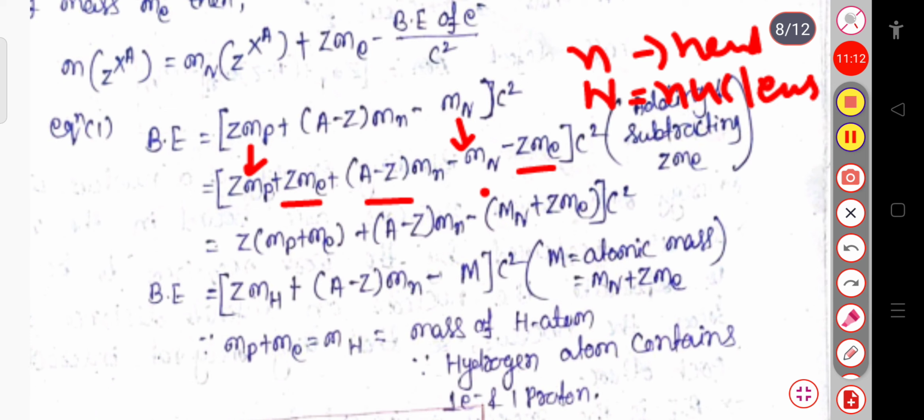Now if I add this MP with the ME and take Z common, this will be Z into MP plus ME, plus A minus Z into Mn, minus, taking the minus sign common, the mass of the nucleus plus ZME whole into C square.